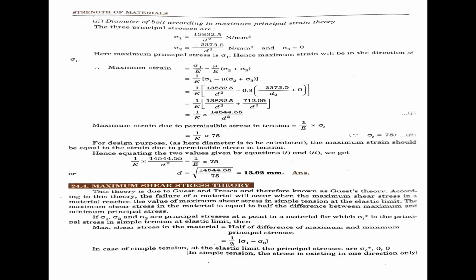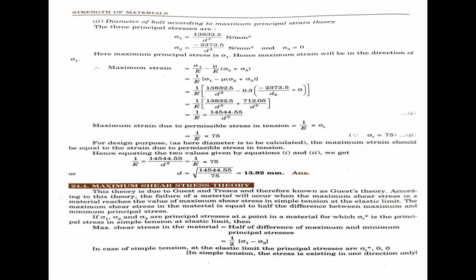Second, the diameter of the bolt according to maximum principal strain theory. Here, the maximum principal stress is sigma 1, hence the maximum strain will be in the direction of sigma 1, that equals sigma 1 by E minus mu by E into (sigma 2 plus sigma 3), which is 1 by E into (sigma 1 minus mu into (sigma 2 plus sigma 3)). Substituting the sigma 1 and sigma 2 values, we got 1 by E into 14,544.55 divided by d square.